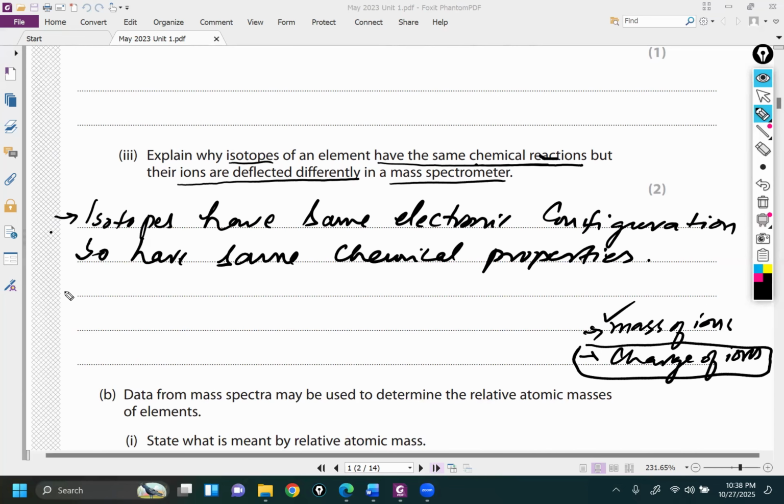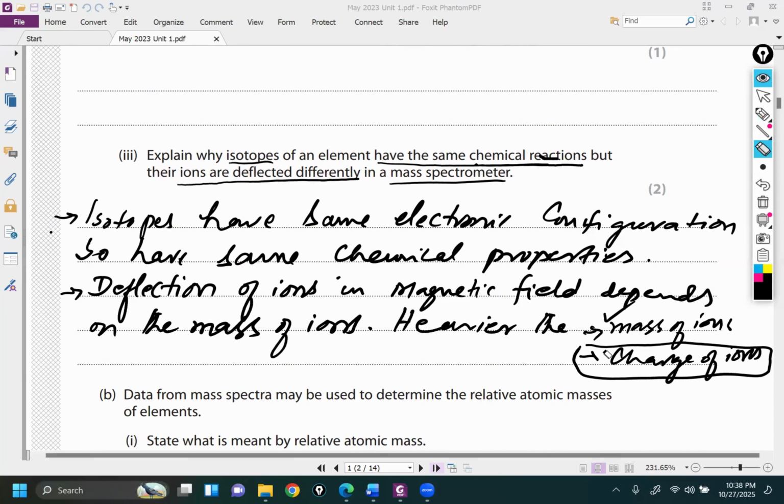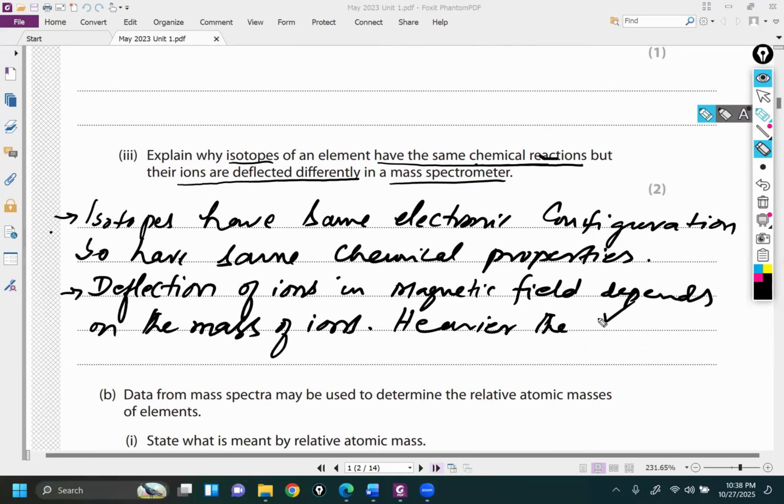So we will say that deflection of ions in the magnetic field depends on the mass of the ion. The heavier the isotope, the less it will be deflected.